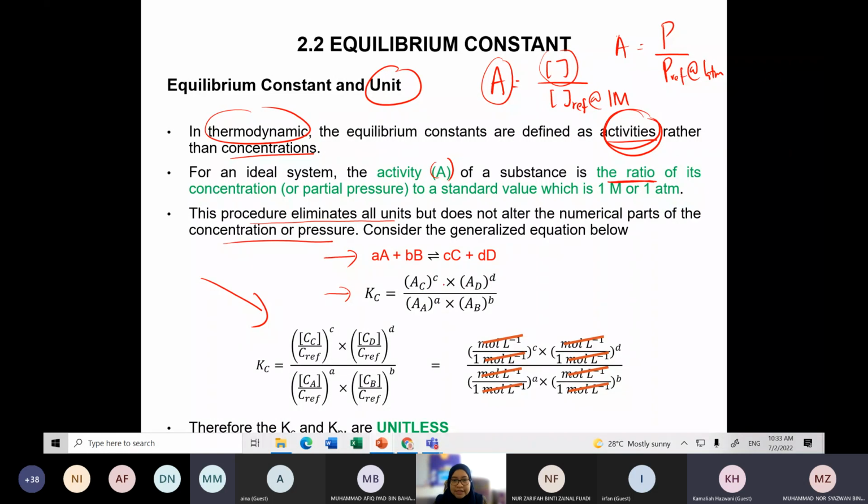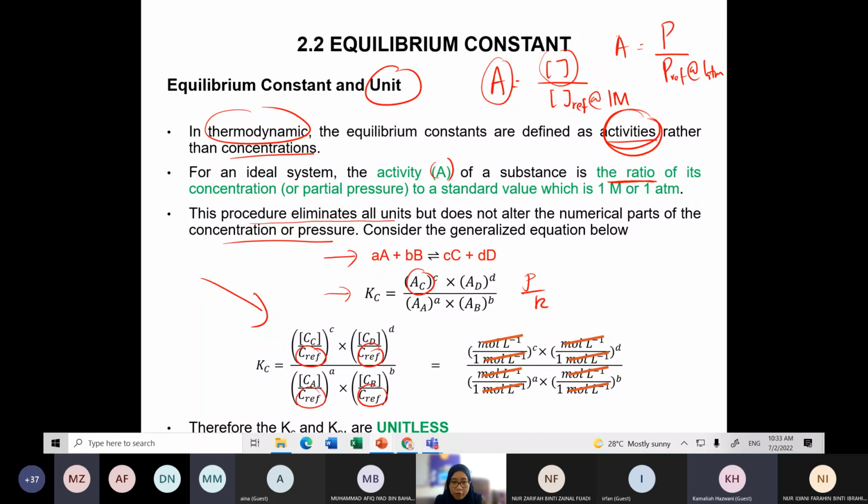When expanded, it is the same: product over reactant, raised to their powers. So we get the concentration of C divided by the reference concentration for C, times the concentration of D divided by the reference concentration for D, and so on. All the reference concentrations are 1 molar.